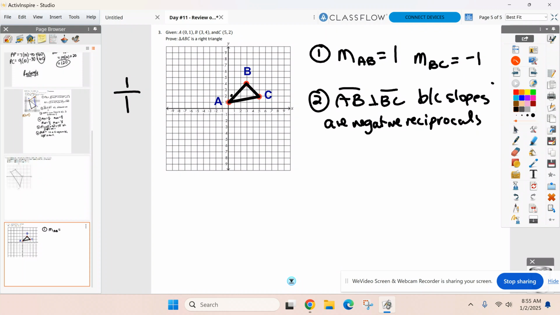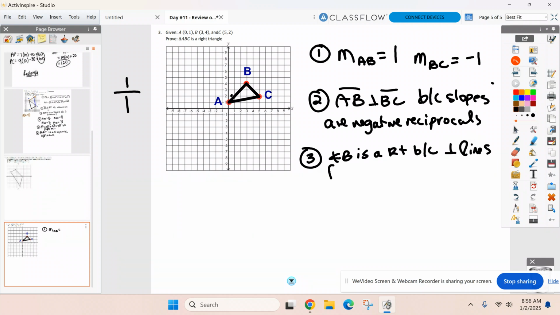All right, you guys have done a slew of proofs this year. If you know 2 lines are perpendicular, what do we usually tell me next? We have a what type of angle here? Right angle. Angle B is a right angle because what would we always put in the reasons column if we saw 2 perpendicular lines? There we go.